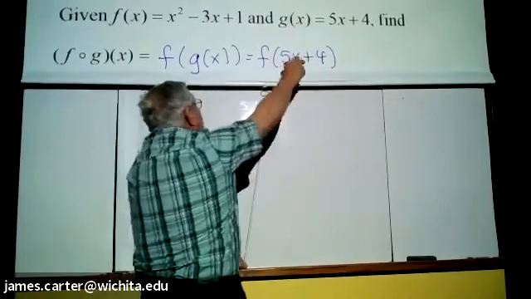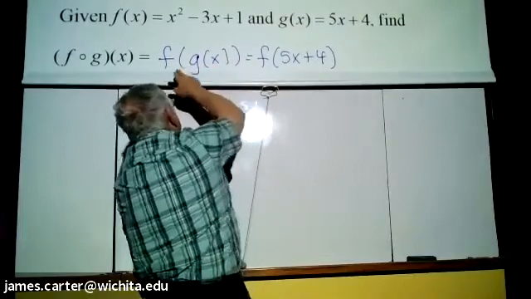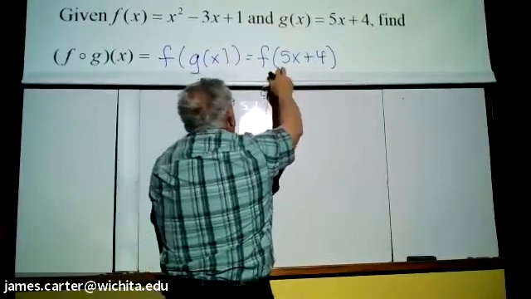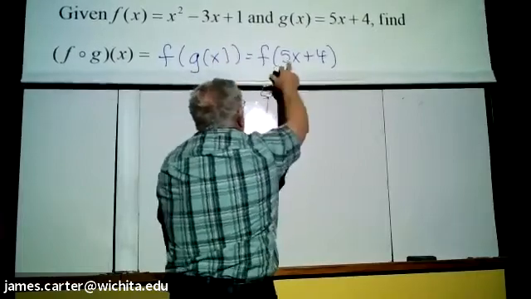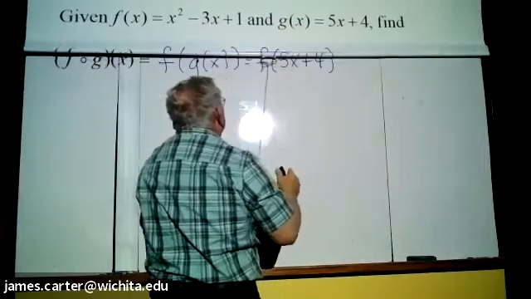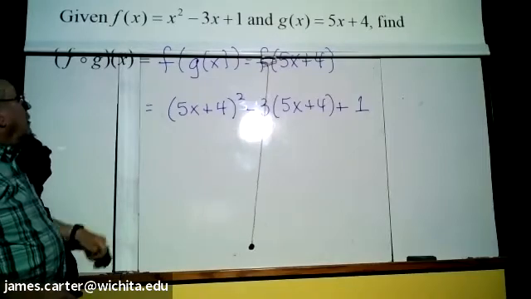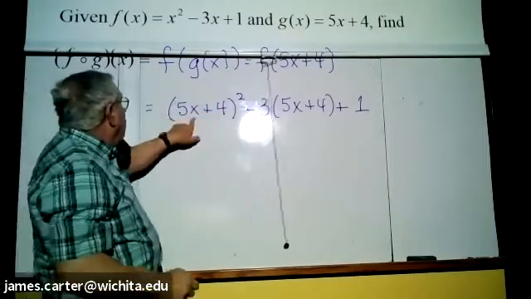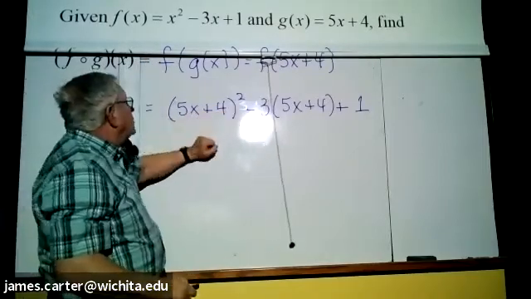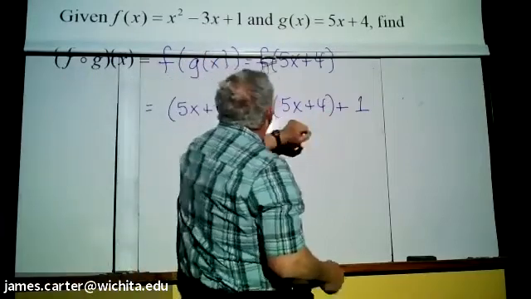Okay, so basically we're taking the g of x equation and we're substituting it into f. Or in other words, this could be written that way. Now we're actually going to do it. Okay, 5x plus 4 quantity squared, minus 3 times 5x plus 4, plus 1.